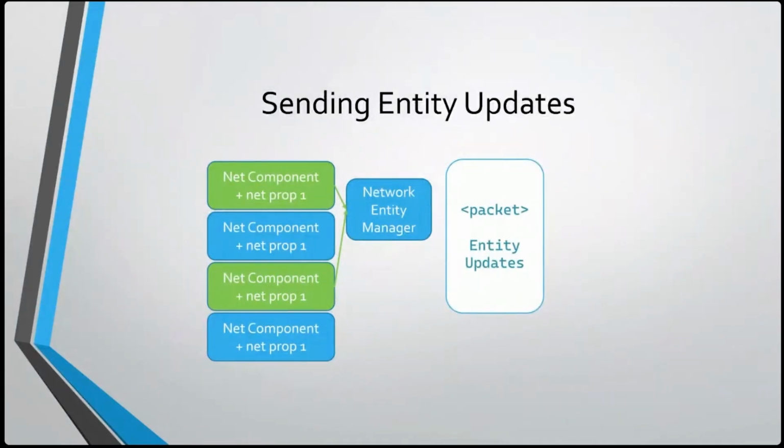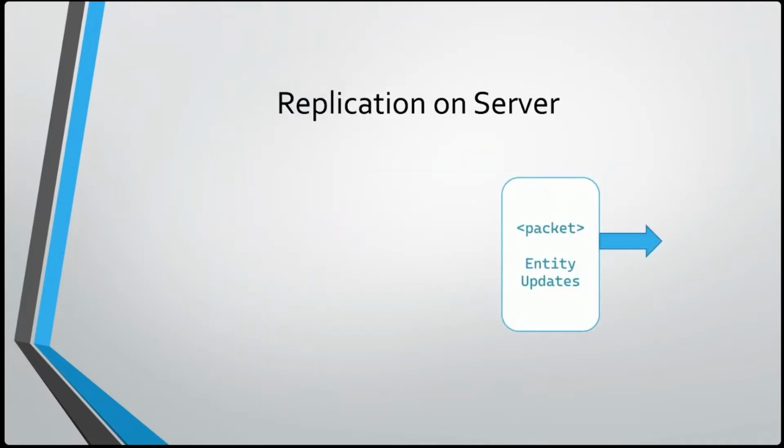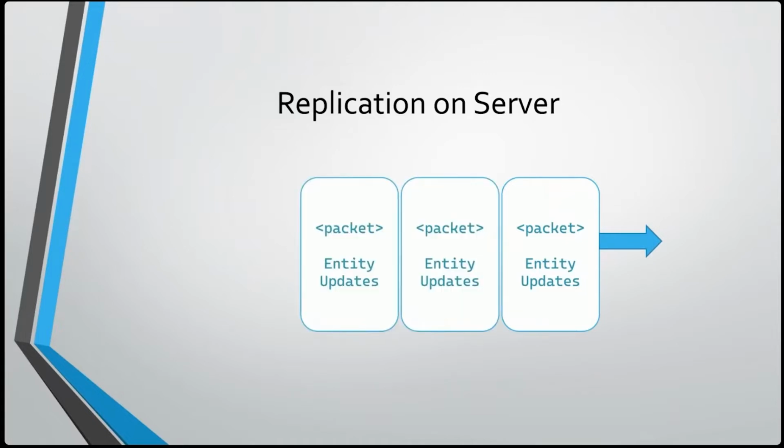Entity updates will just stuff in the reference to which entity the change is coming from, which component, which property is changing, and the value. You're going to have multiple of those stacked up. Once you have this packet ready, it will get sent out, and every server frame or so, you're going to have multiple of these packets being sent out. So now we can take a look at what's happening on the reverse side, on a client, when we get these updates.